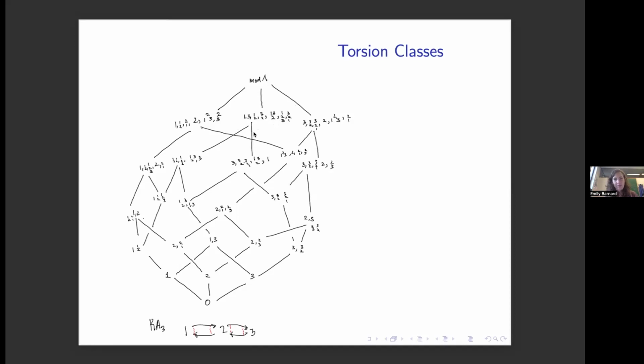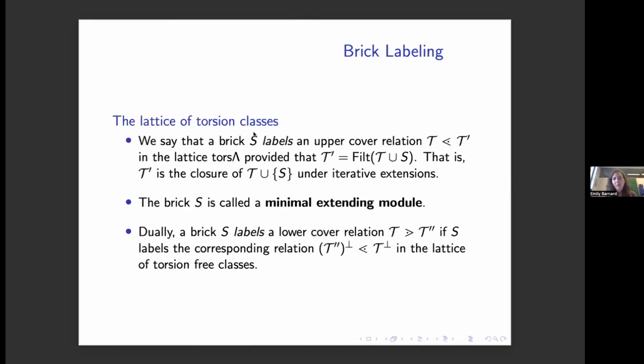Okay. To do this game, which is called pop stack sorting, I need a little extra data about my torsion class. I'm going to use the brick labeling, which, because this talk is short, I didn't put all the references, but this was discovered around the same time by a couple of different people.